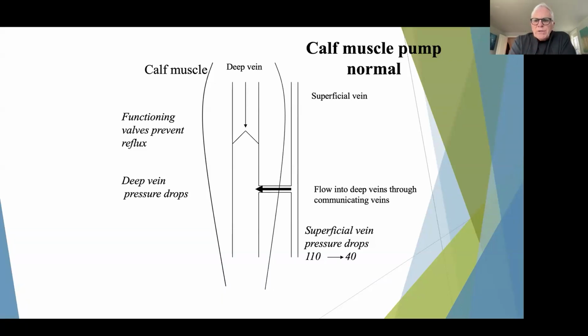So the pressure in those deep veins drops down from somewhere around 110 millimeters of mercury to around 40 millimeters of mercury in normal people, with normally functioning deep veins. And as a result, the blood in the surface veins can flow into the deep veins because that's its natural path to flow through the perforating veins, and that overall assists that pressure to drop.